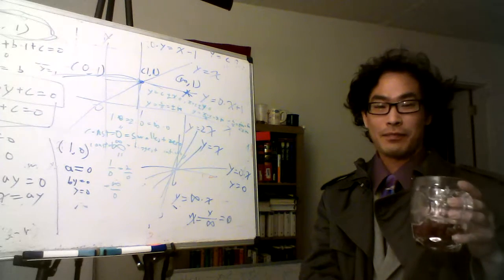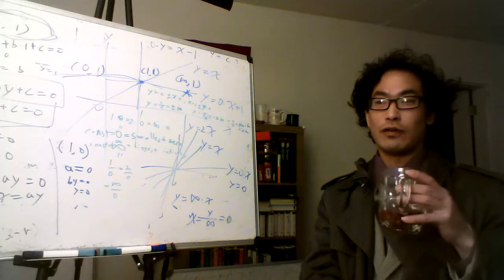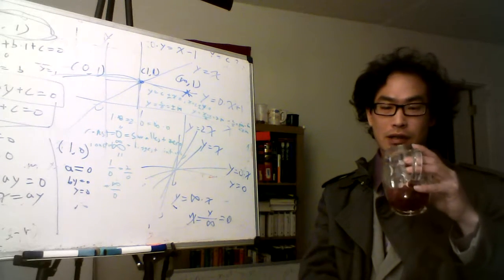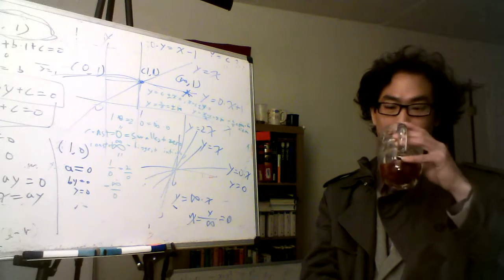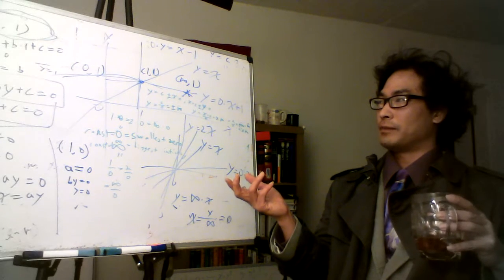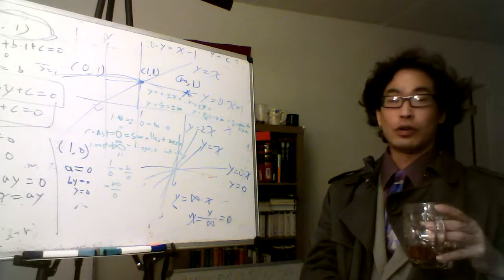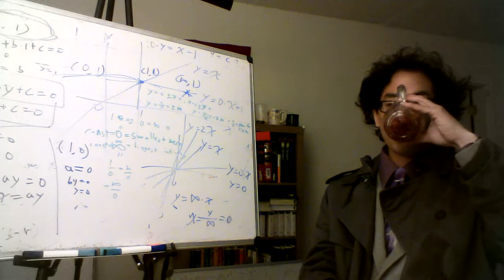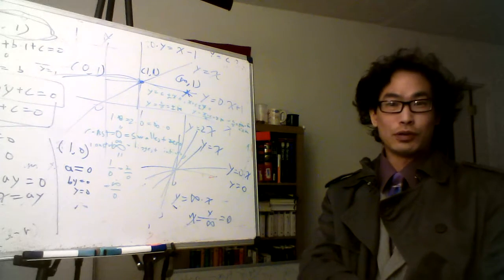ln a, the natural logarithm of a, to the x. You differentiate a to the x, and you get ln a times a to the x. So no matter how many times you differentiate this exponential function, it stays an exponential function.